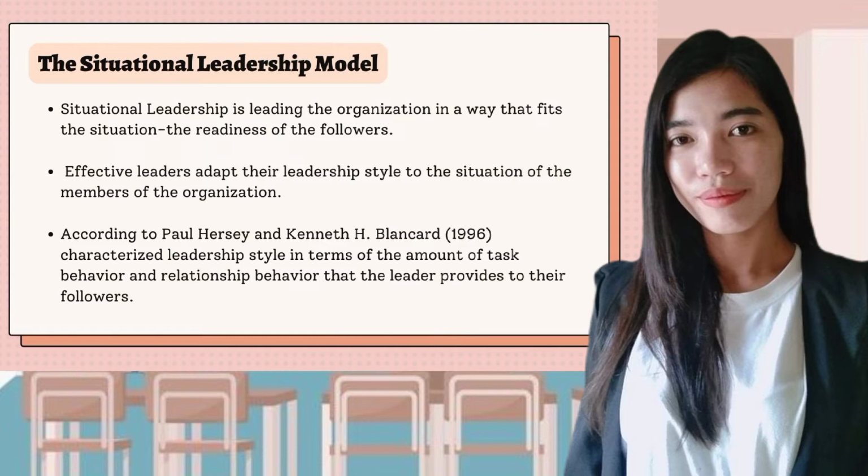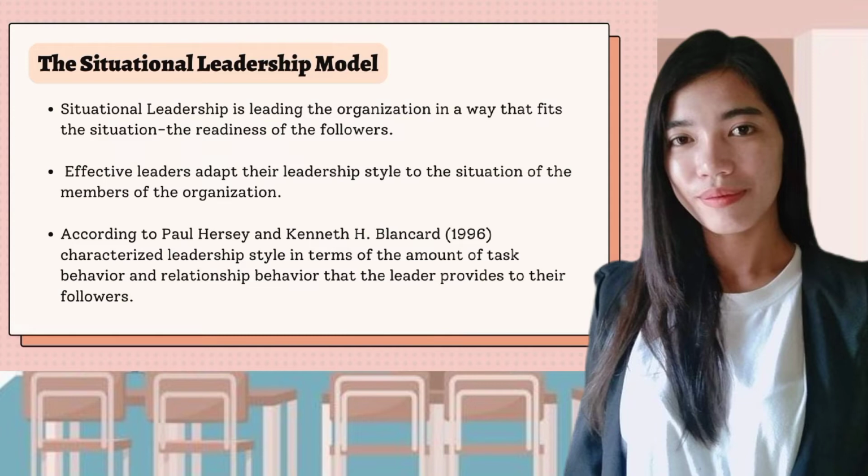An effective leader adapts their leadership style to the situation of the members of the organization. As an effective leader, you must first know how to adapt or cope with the situation that the organization has. You should put yourself in the situation and you must weigh the situation.